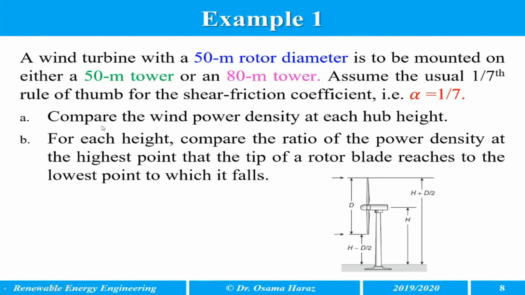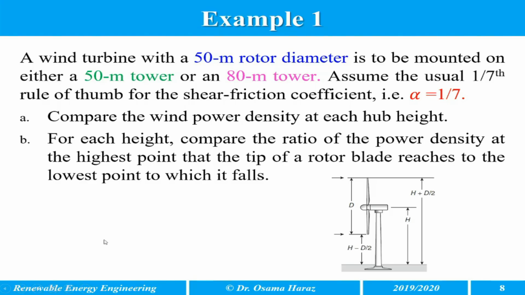First of all, we need to compare the wind power density at each hub height. Then for each height, compare the ratio of the power density at the highest point that the tip of the rotor blade reaches to the lowest point to which it falls.